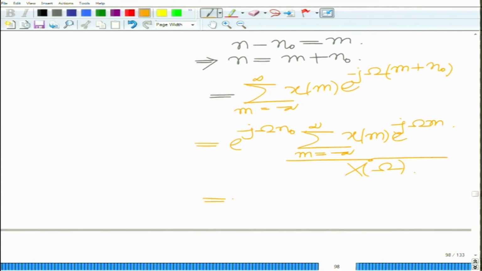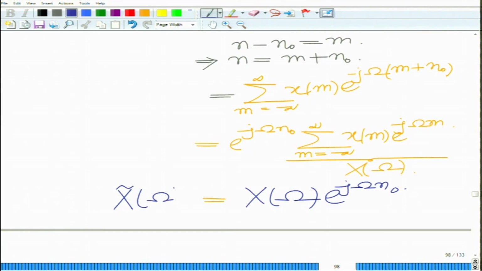Therefore, this is equal to X(omega) times e raised to minus j omega n naught, that is your X tilde(omega).